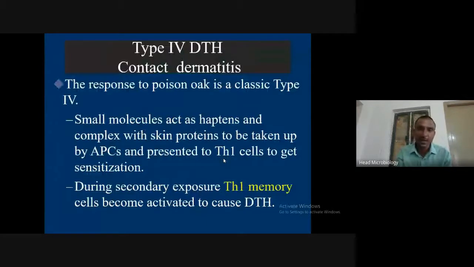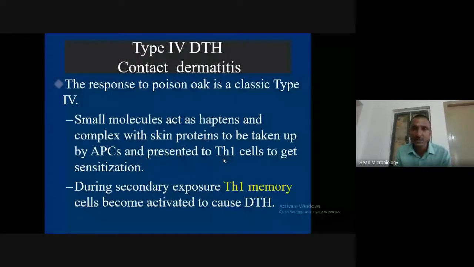Here, contact dermatitis, the type 4 hypersensitivity response to poison oak, is a classic type 4 hypersensitivity. Once we are affected with type 4 hypersensitivity, it looks like the same poison.